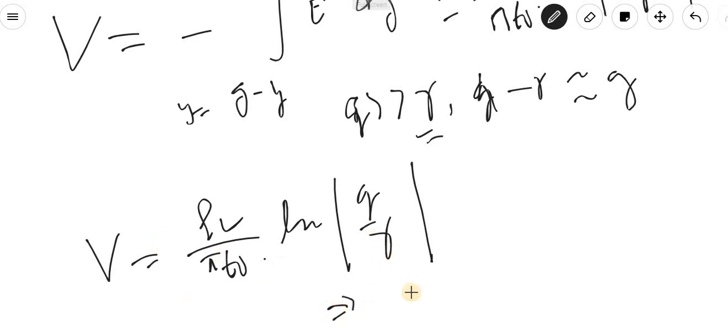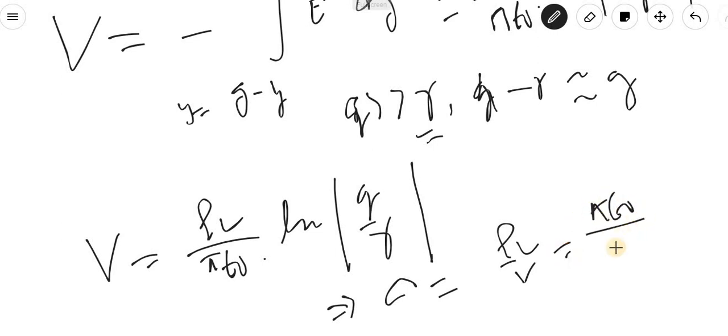Equivalently, C will be rho L by V, which is pi epsilon naught over ln G by R, in farad per meter. Clear?